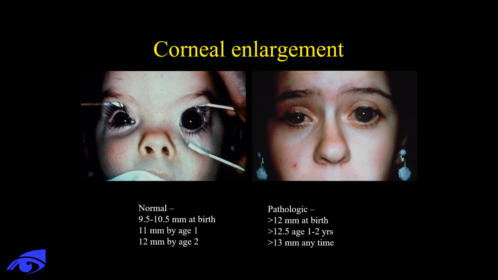The eye can stretch out and increase in size, such as in this set of photographs, where the left eye is much larger than the right eye, presumably due to a history of high pressure in childhood. And we have fairly specific criteria as to what constitutes an increased corneal diameter.